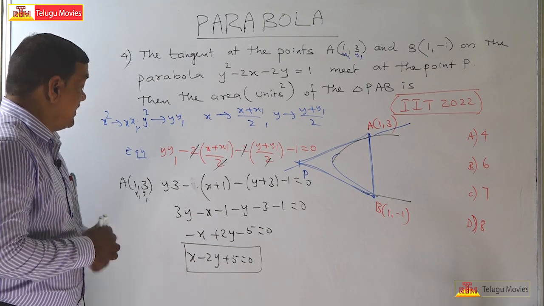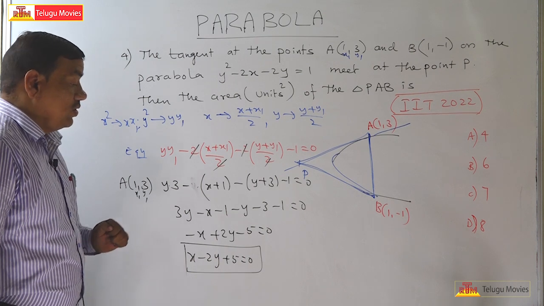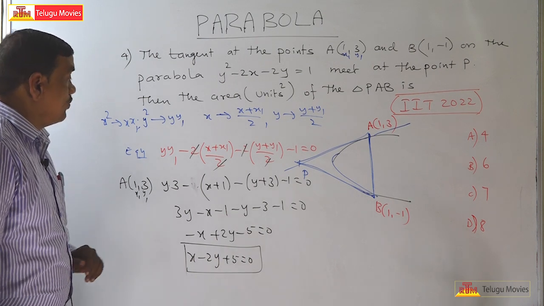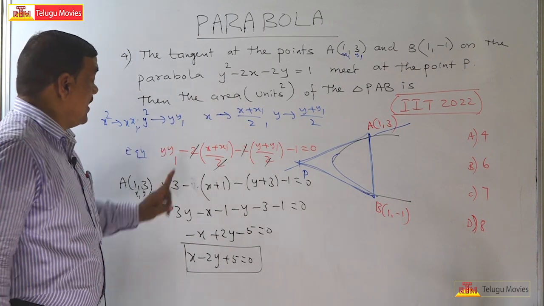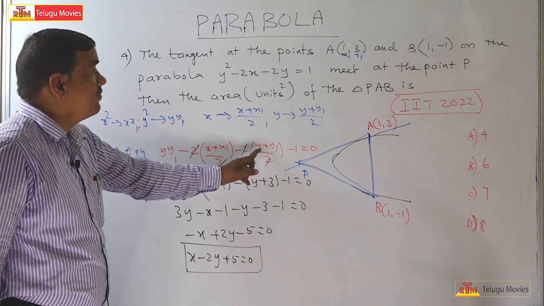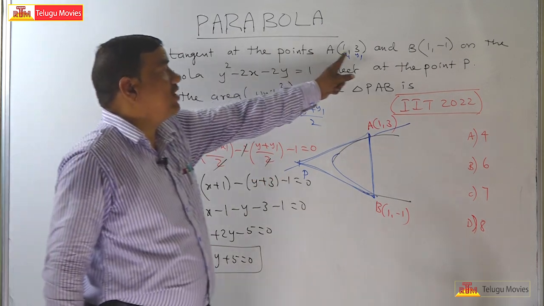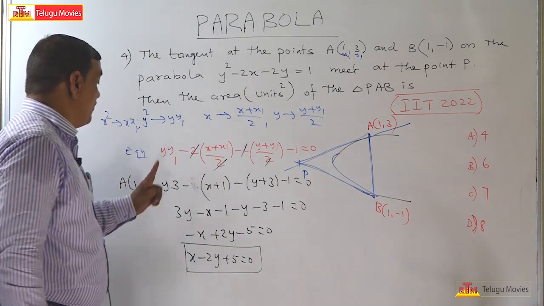So let us check once again the equation of the tangent at 1 comma 3. So this is y square, that is y1 minus 2 of x plus x1 minus 2 of y plus y1 minus 1 is equal to 0. Your point is 1 comma 3. Substitute here 1 comma 3.